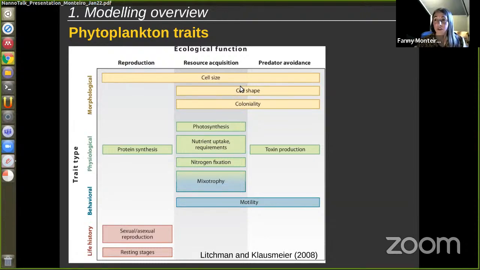Also the shape of the cell, or if they form colonies. Then they define the physiological traits. So that includes if the organism does photosynthesis, which type of nutrients they require, if they do nitrogen fixation or mixotrophy. Then the behavioral traits for mixotrophy and motility. And finally, the life history traits, sexual reproduction or resting stages.